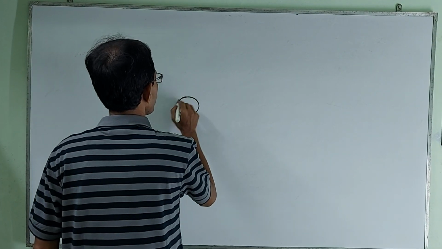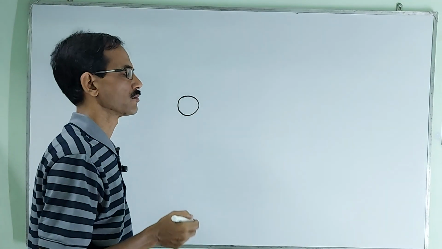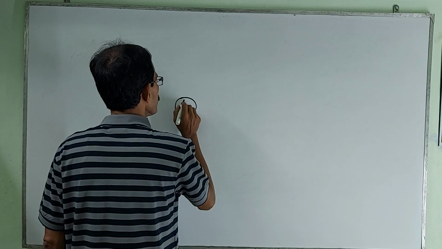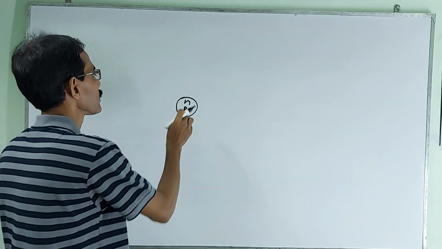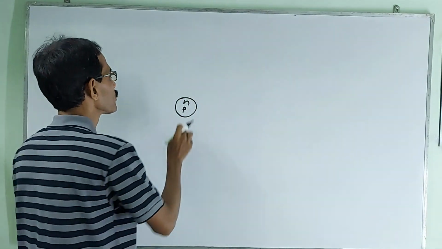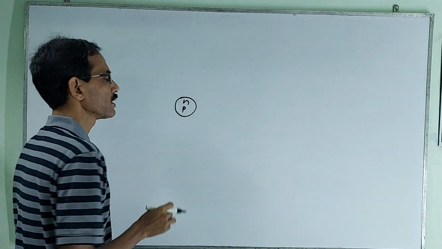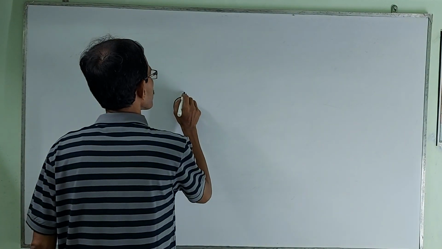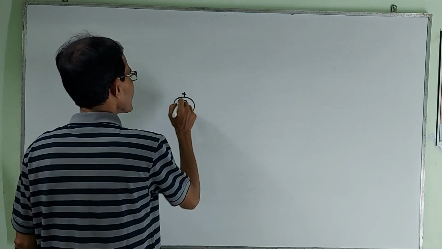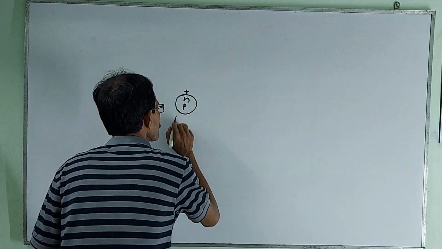This is the central part of the atom where neutrons and protons reside. Neutron has no charge, proton has positive charge, therefore the central part's charge is positive. This central part is called the nucleus.